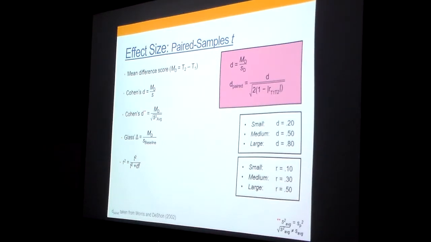If we use the average of our variances, we take these two variance estimates, average them, and use that as our standardizer, because we're measuring our metric in terms of standard deviation at time 1 and time 2. Or if we use Glass's delta, we're standardizing our effect size in terms of the metric of variability at time 1.